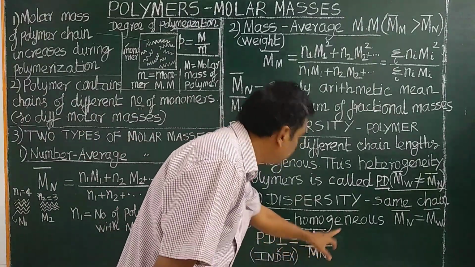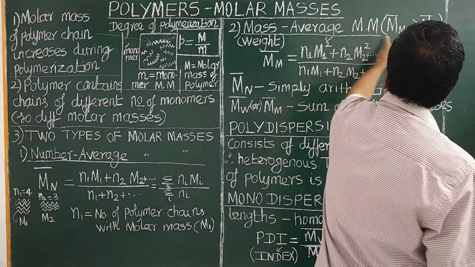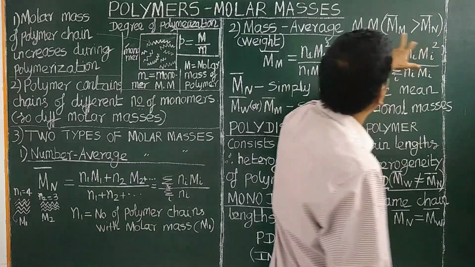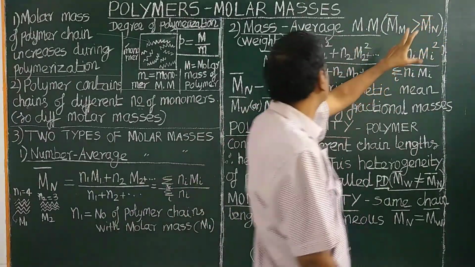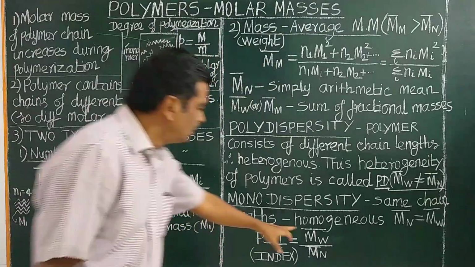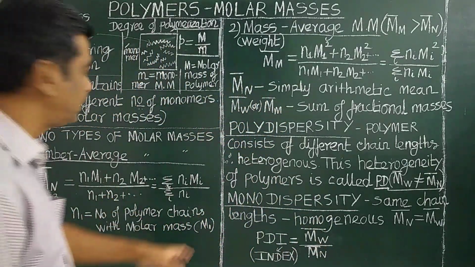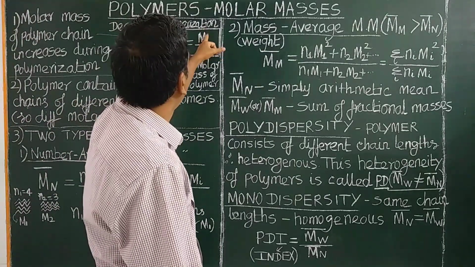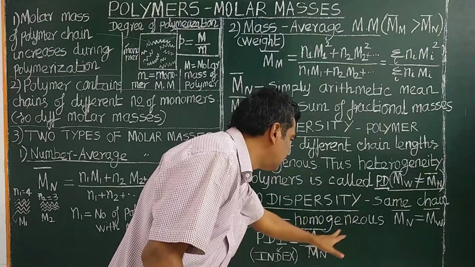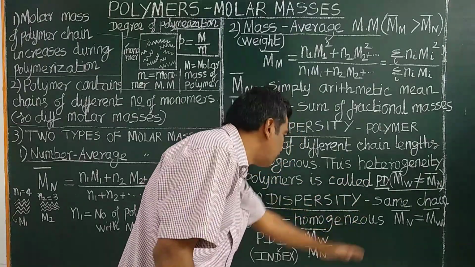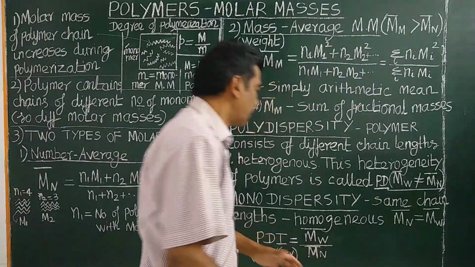As I said earlier, the weight average molar mass of polymer is always greater than number average molar mass. Therefore, you take the larger quantity in the numerator. This quantity is larger, therefore you take this in the numerator.